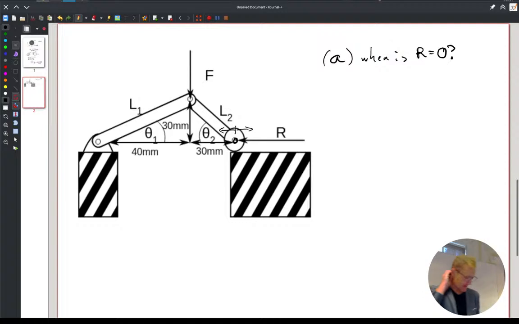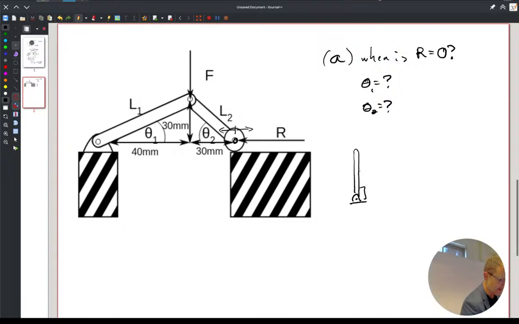So the first question is, when is R equal to 0? Theta 1 is what? Theta 2. Like this. Like L1 is 90 degrees. And then L2, how do you get that triangle to finish?